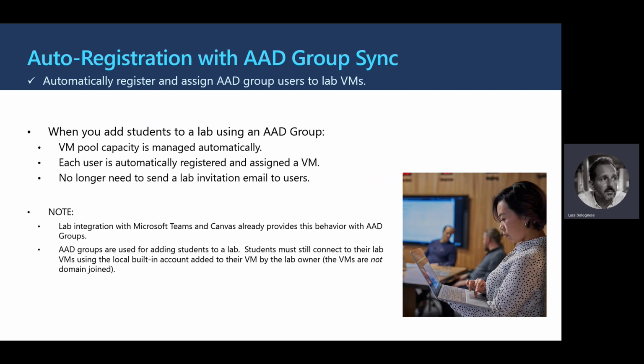And again, notice that the VMs are not joined to that Active Directory group. So the student cannot log in to a VM using their Azure Active Directory login. They still have to use the user and password that you have specified or they have specified for the VM.